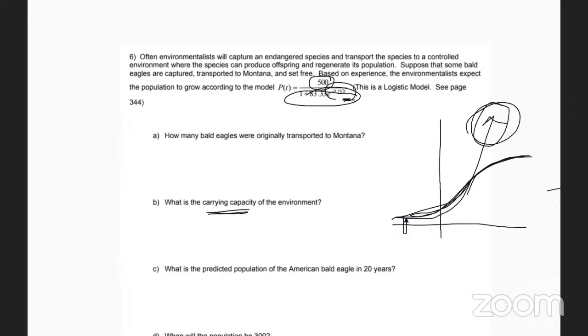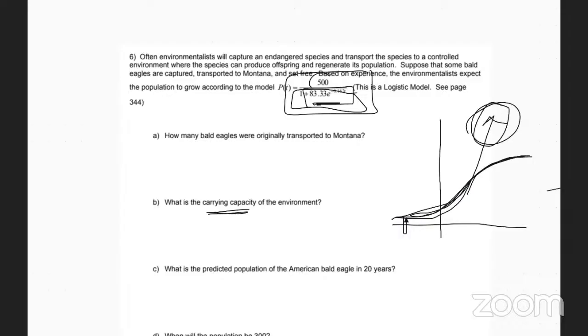This part would be going to zero, which means the entire denominator is getting closer to one, which means this whole number is getting closer to 500. So this plateau right here is 500. That's the carrying capacity.